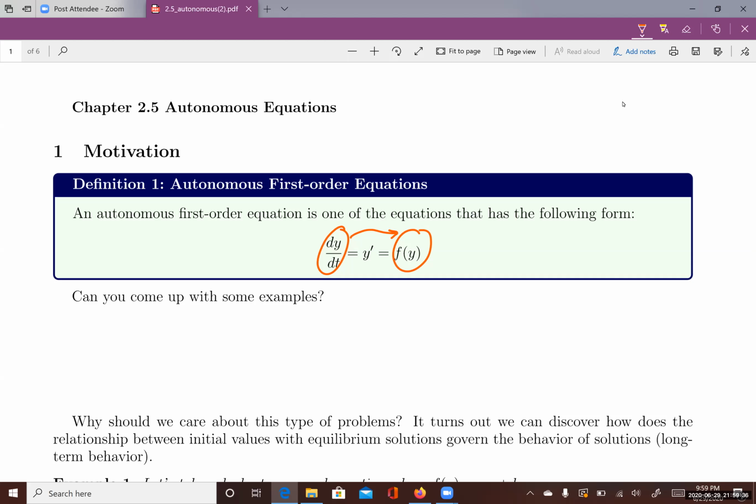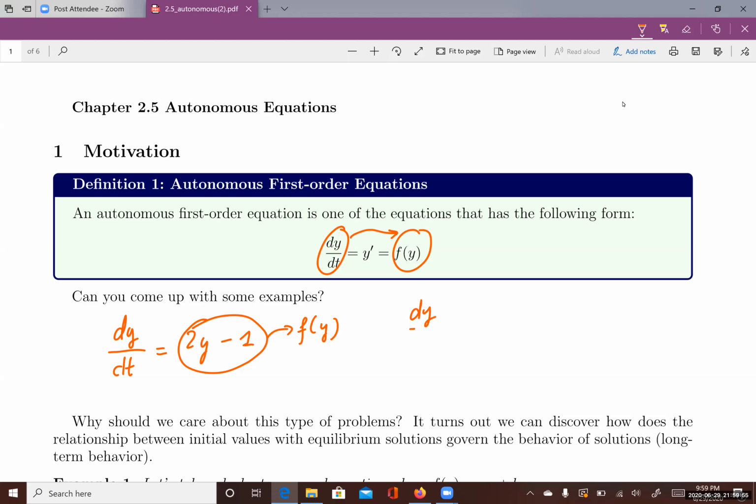Here are some examples of autonomous first order equations: dy/dt equals 2y minus 1, okay? And this function 2y minus 1 is a function f of y. It's a function in terms of y and it's describing the derivative of y.